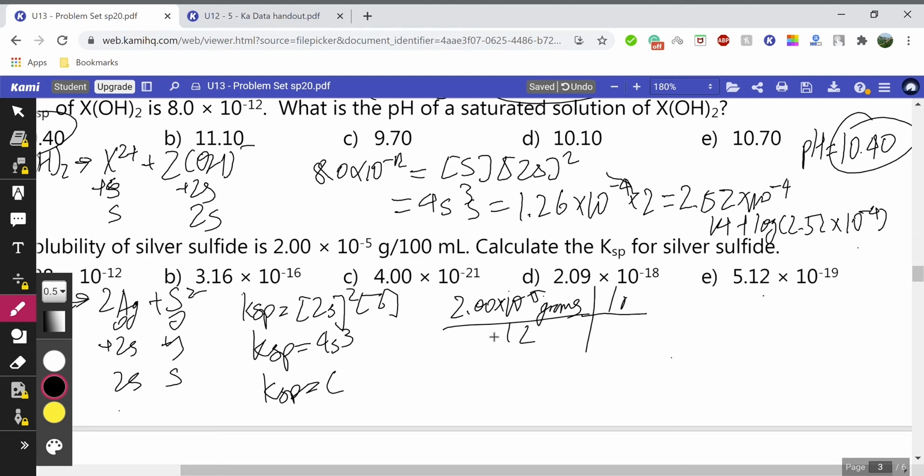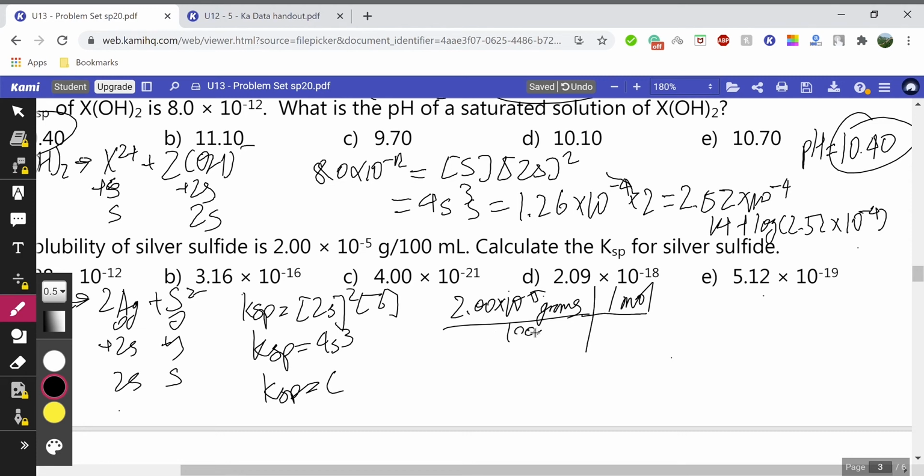So 1 mole will have how many grams? So Ag2S. Ag will have 107.87 times 2 plus 32.07, which will give us 247.81. Oh shoot, over here is 100 milliliters.